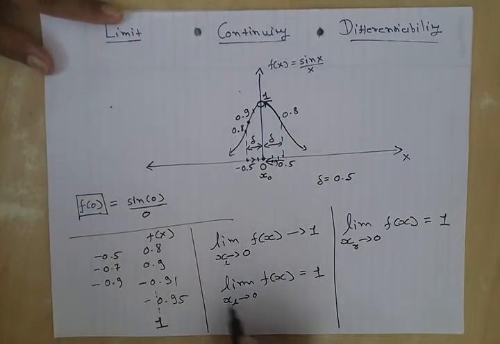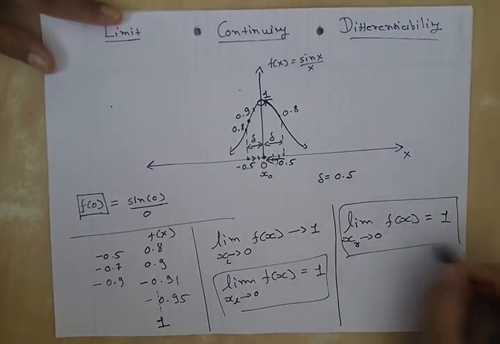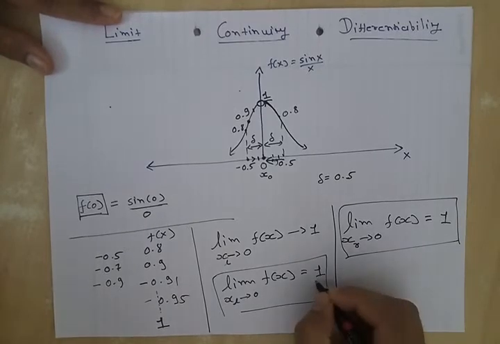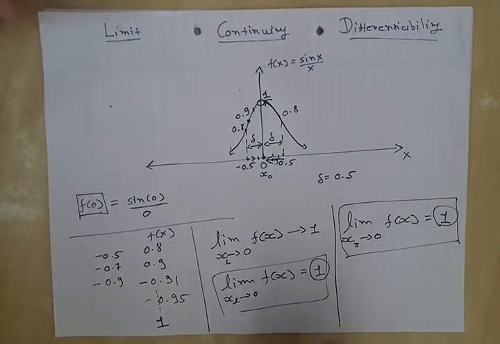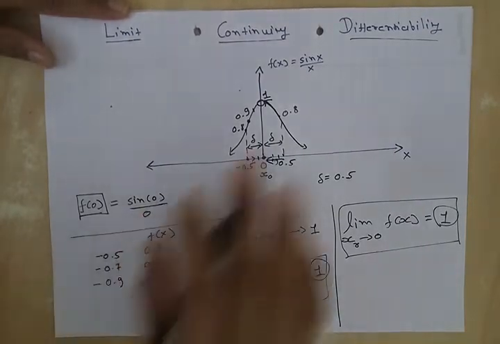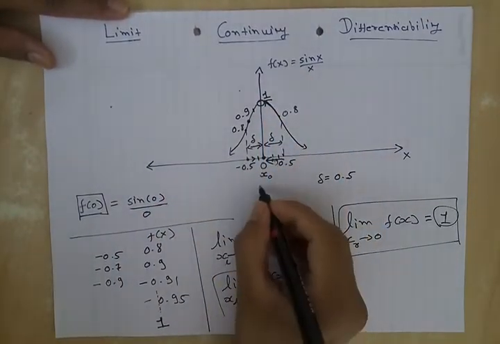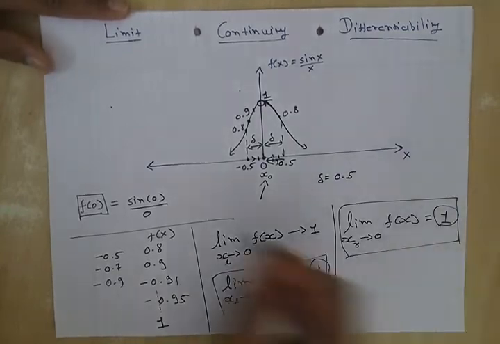Now here the left hand side limit and right hand side limit are equal. They are both the same value, which is 1. So we will say that this function has a limit at this particular point x = 0, and its value is 1.